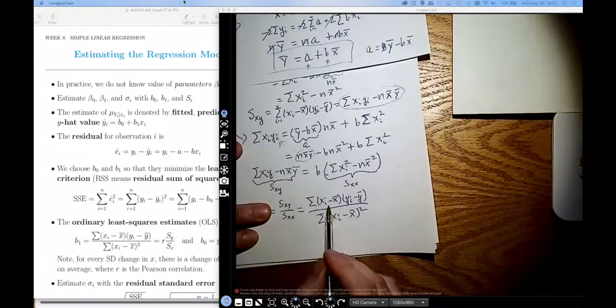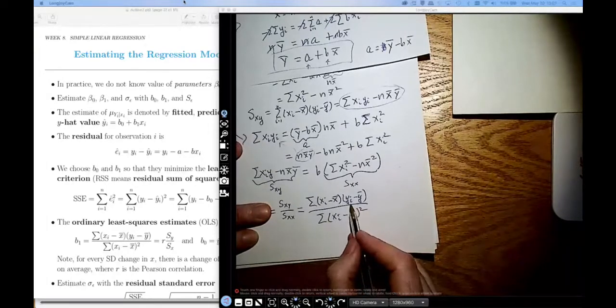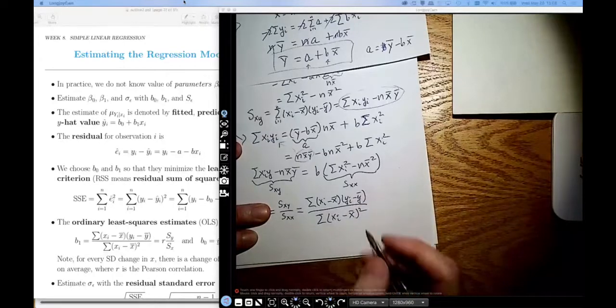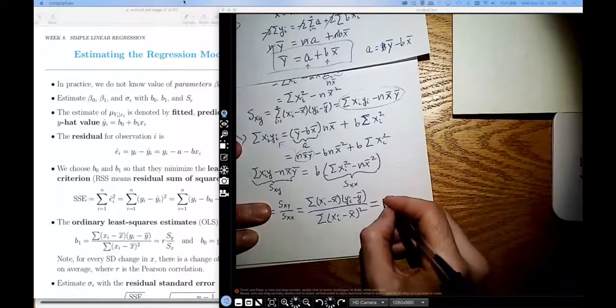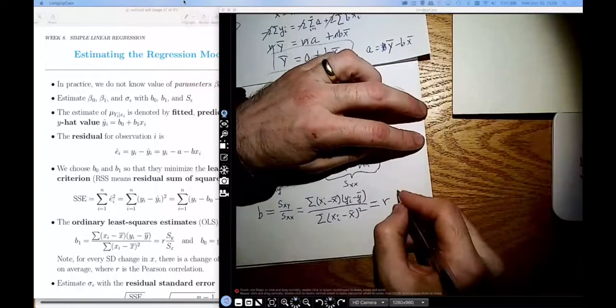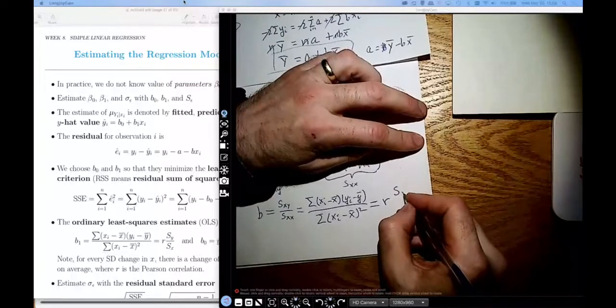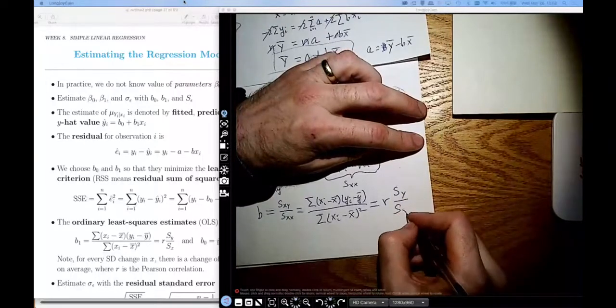So the correlation coefficient is what's in the numerator divided by the square root of this thing times the square root of the variance of my y's. All right, so I'm going to leave this as an exercise. This is going to be r times the standard deviation of my y's over the standard deviation of the x's.